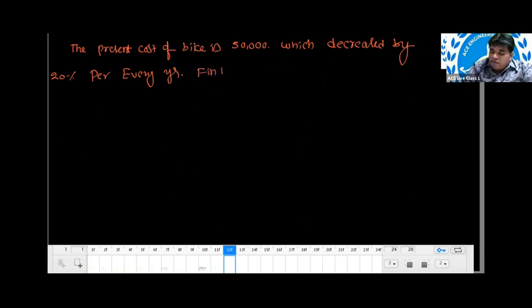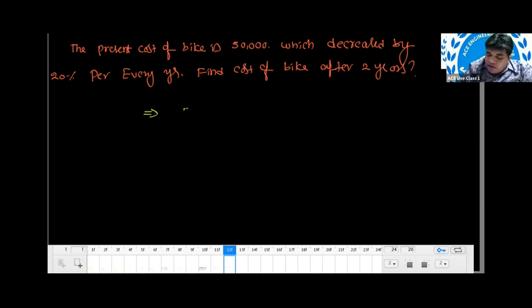Find the cost of the bike after 2 years. Okay, tell me, find the cost of the bike after 2 years.